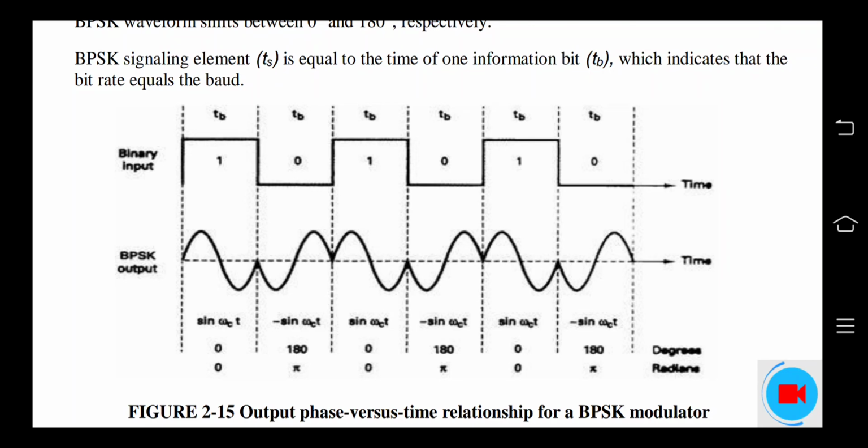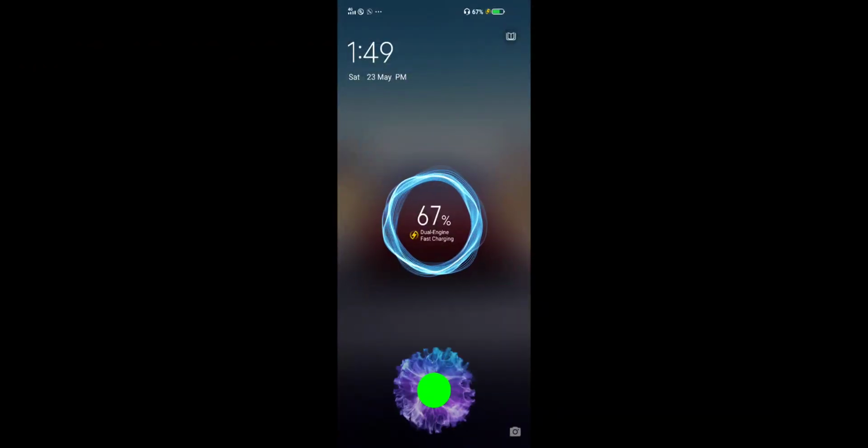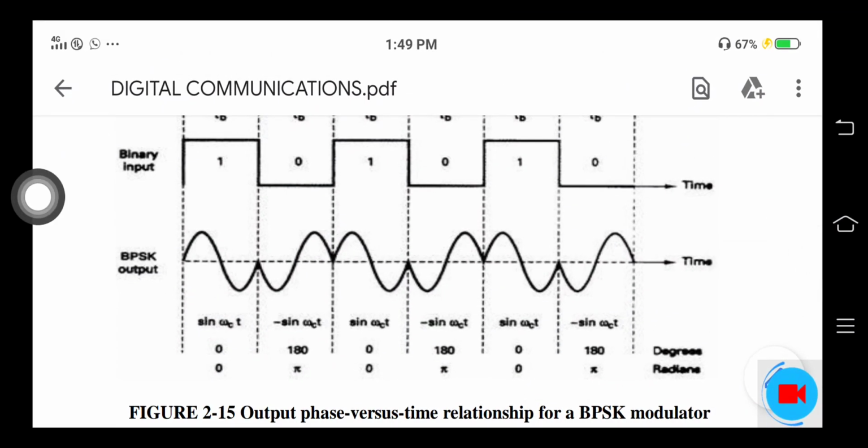So this is simply how to shift the phase in binary. You can apply it to any binary information, either 1 or 0. So the output will be either continuation or normal, normal and phase shifted.